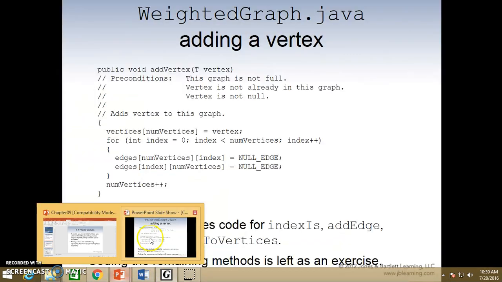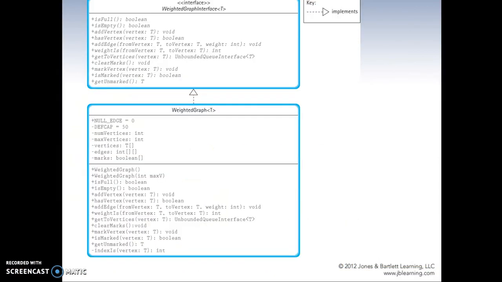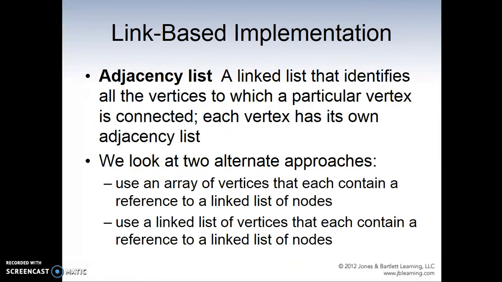Alright, so now this is pretty much a UML diagram for the weighted graph interface using the array. We can also use a linked list implementation: a linked list that identifies all the vertices to which a particular vertex is connected.